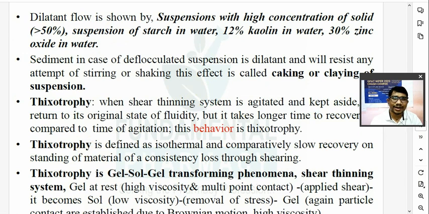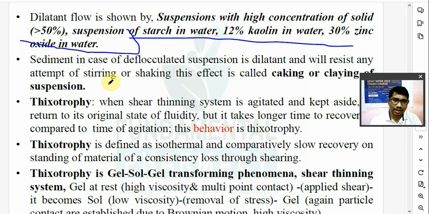Dilatant flow is shown by the concentrated suspension, more than 50% solid content. Starch in water. Question आता है इसके ऊपर. Starch suspension in the water will show the following type of rheological behavior. Kaolin, 12% kaolin in the water, 30% zinc oxide in the water, that will show you dilatant flow.